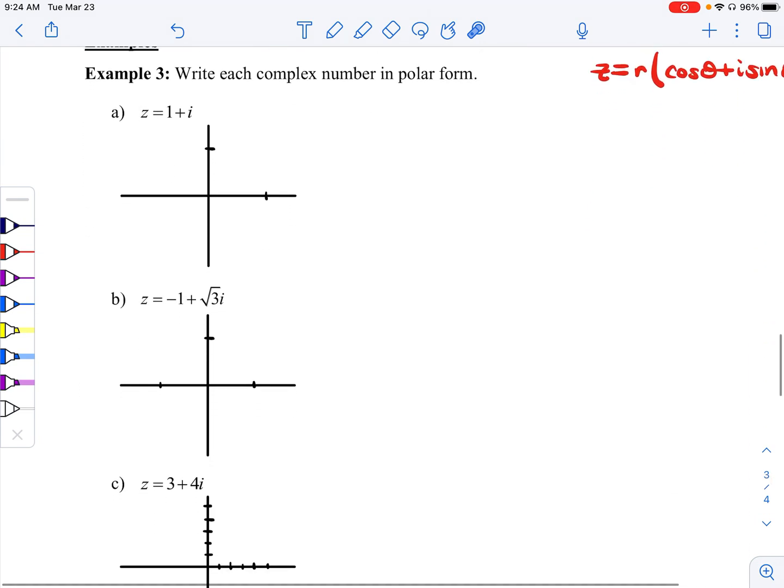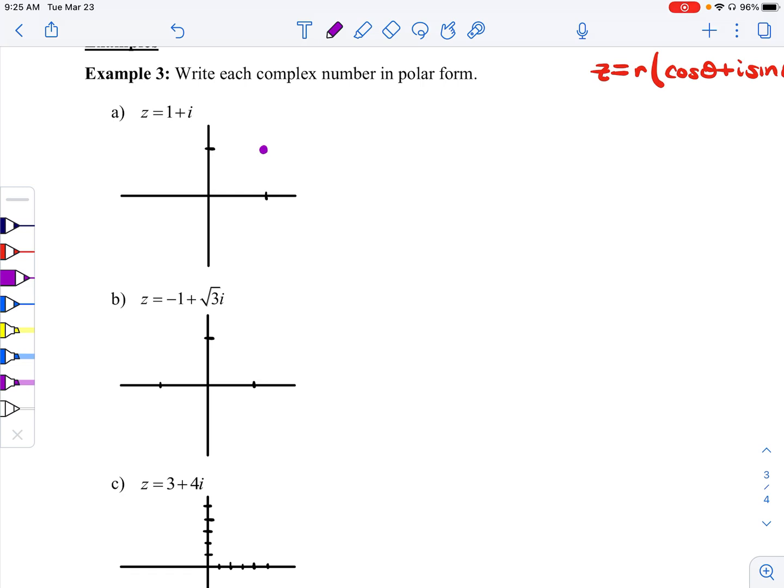All right, so our first example, we have the complex number 1 plus i. The first thing I'm going to do is sketch this complex number. I highly recommend that you start by sketching your complex number because it's important to know what quadrant it falls in, because when we're solving for our angle theta in a minute, we have to have the correct quadrant in order to have the correct angle.